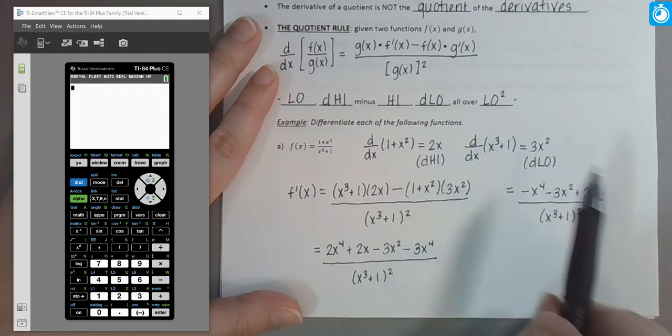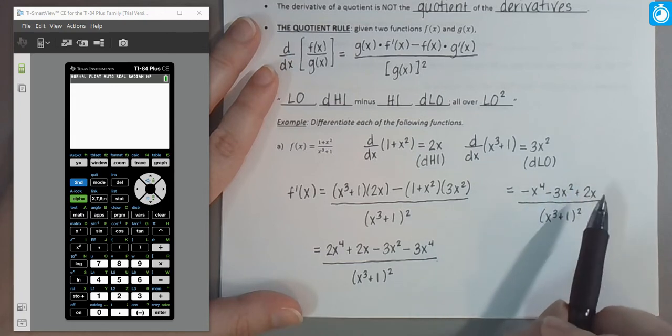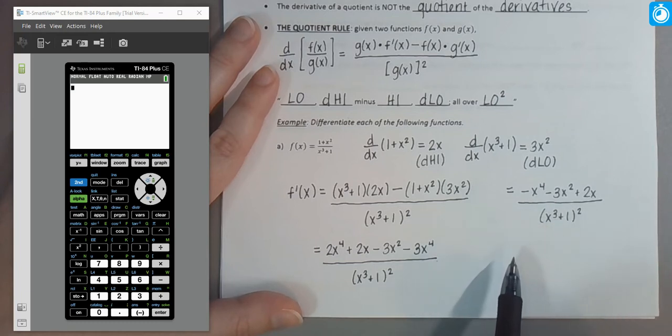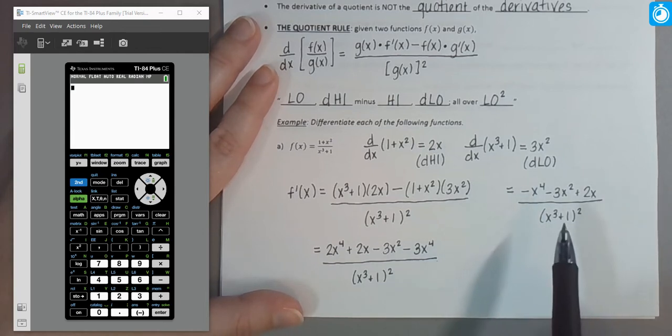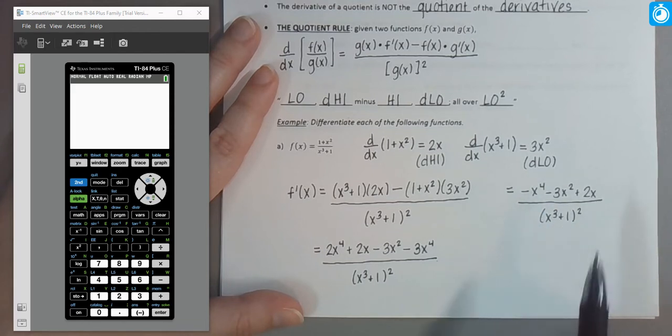The reason we don't need to do that here is because if you picture what you would be left with, it cannot cancel with a factor of x cubed plus 1. The general rule with reducing a rational expression is you have to have complete factors that match. So the only thing that could reduce with something in the denominator would be an x cubed plus 1 verbatim, only an x cubed plus 1.